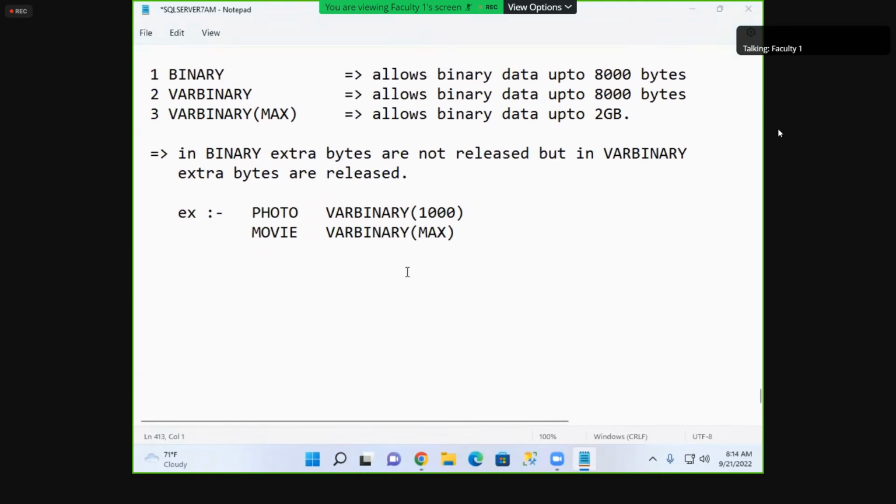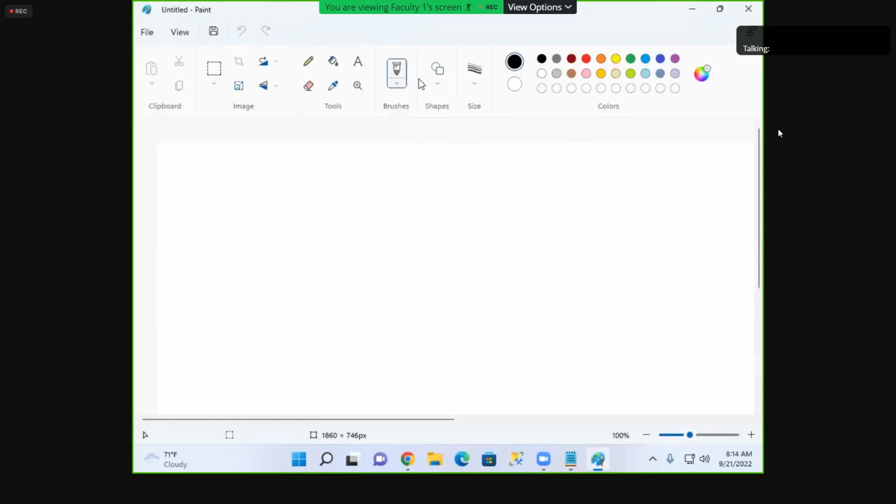For example, if a movie is 4 GB, which is more than 2 GB, they have to split it into two parts, so they write a program to split it into multiple parts and store them in the database.